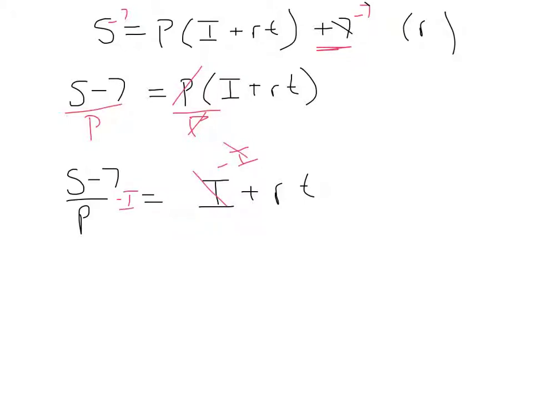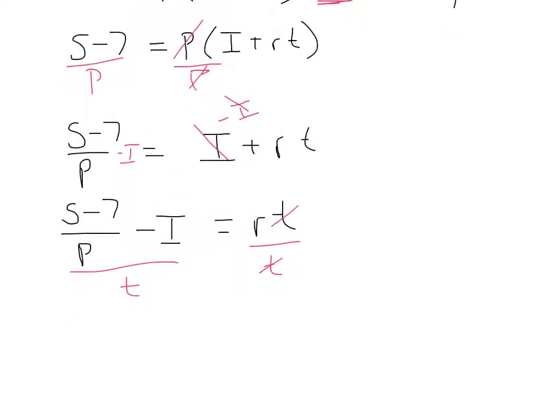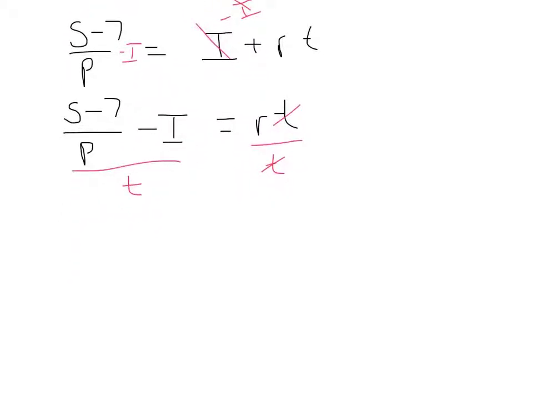That'll get rid of that. So we end up with S take 7 over P, take away I is equal to RT. And the next thing that we need to do is to divide everything by the T, which is on the right-hand side. That'll cancel that down there, and if I can just shift everything up so we can have a look at what's going on there.